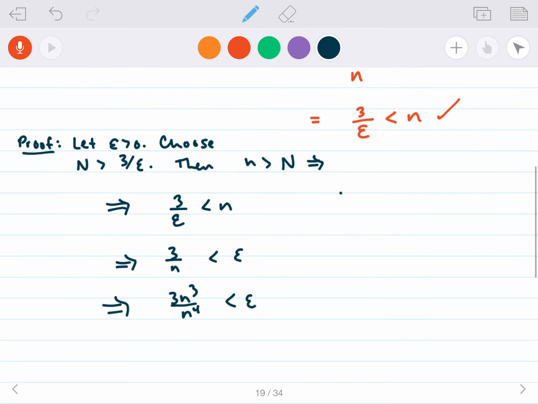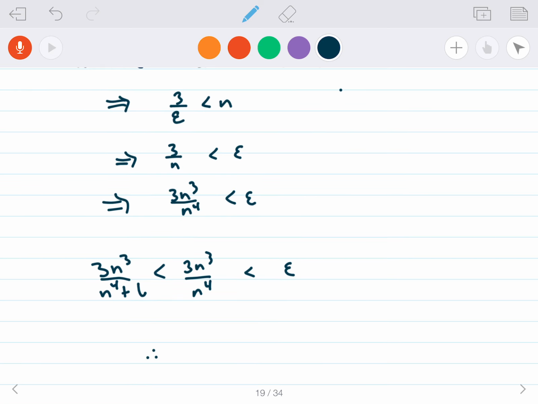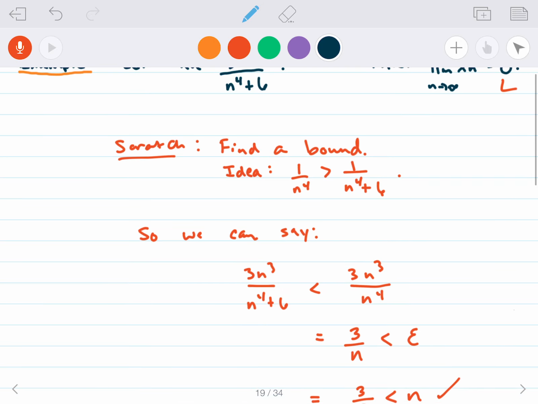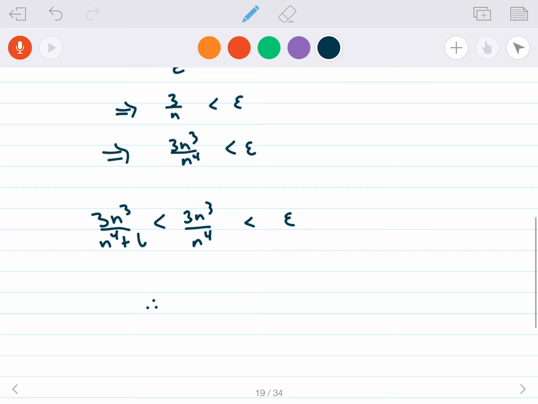And we know that this guy, by our bound, is going to be bigger than this guy for all natural numbers. And therefore, okay, and the claim is shown.